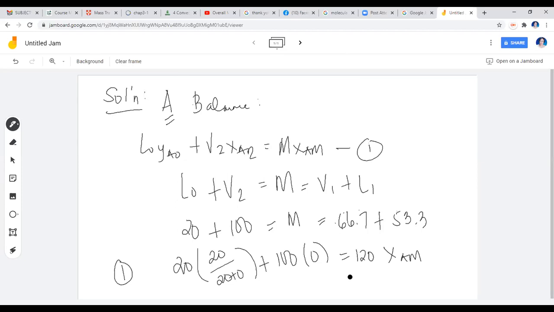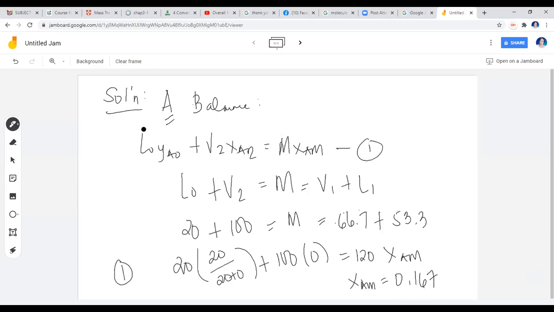In this case, you will have an XAM equal to 20 divided by 120, sorry, the other way around. 0.167.